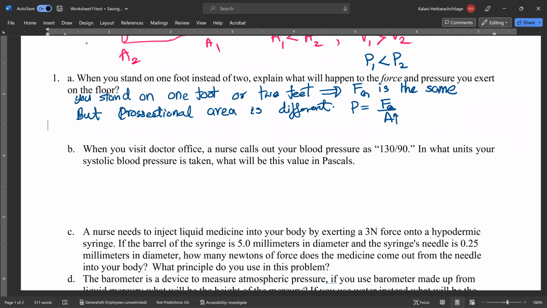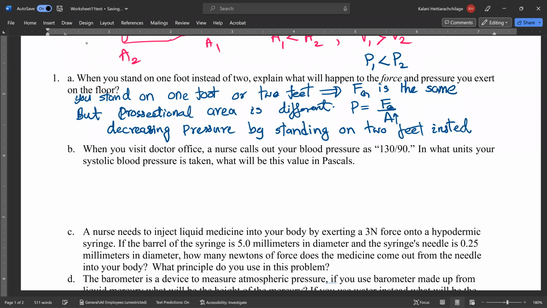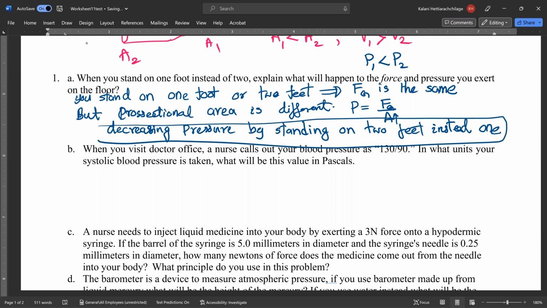So you decrease the pressure by standing on two feet instead of one. That's the idea about the pressure that you can think.